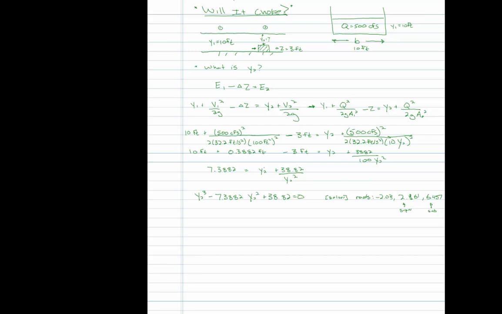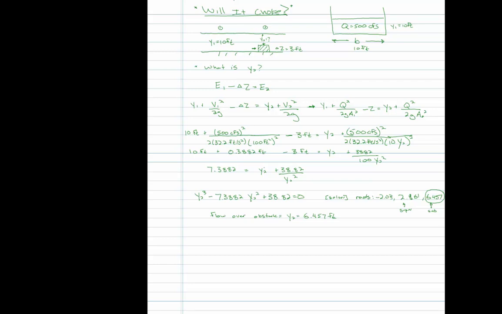And we had subcritical flow to begin with, and so this will be our flow depth at 2. So the flow over the obstacle is 6.457 feet.